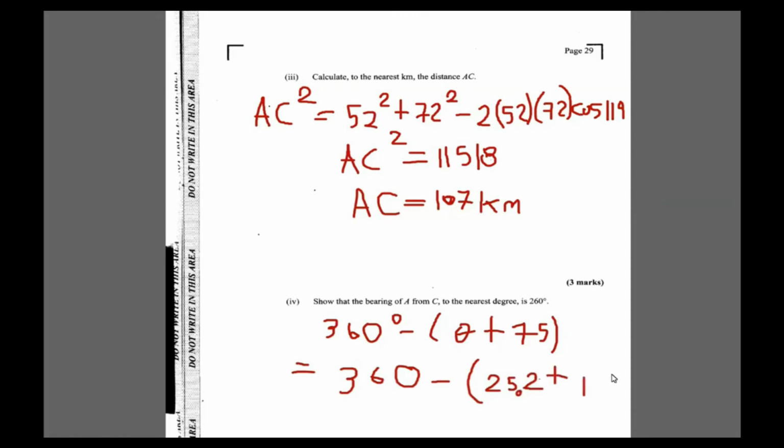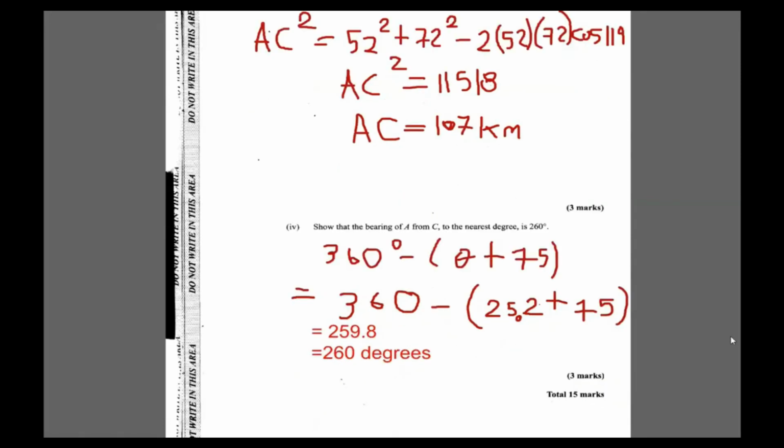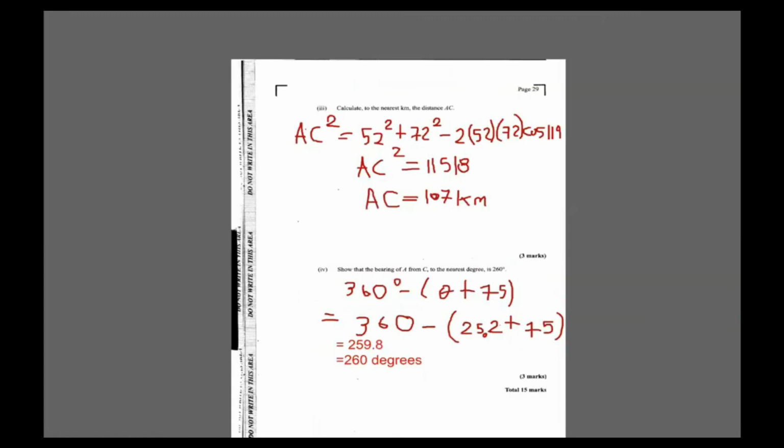And so when we subtract them, we get 360 minus that, which is 259.8, which is equal to 260 degrees. And that's how we work that out. Nice and easy.